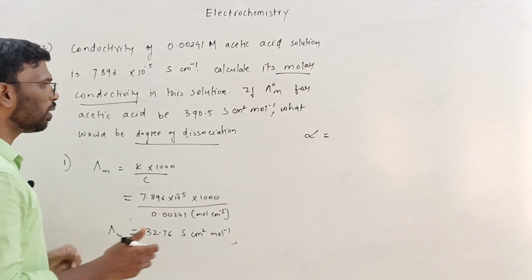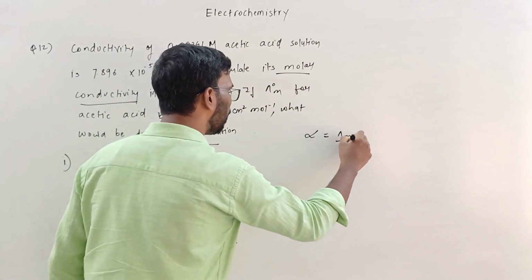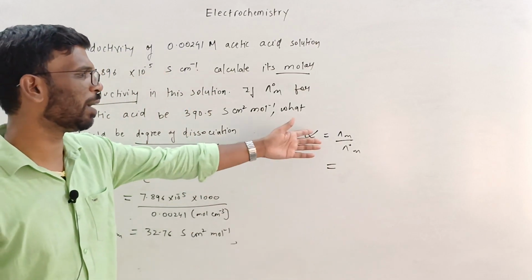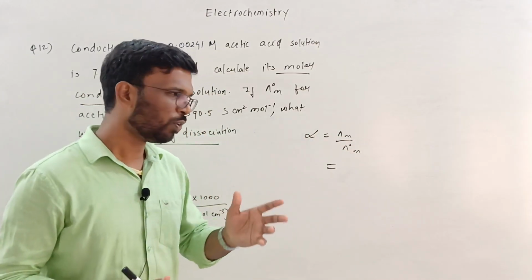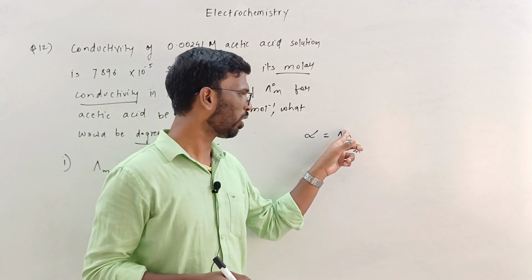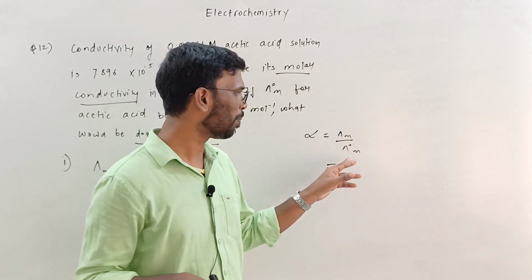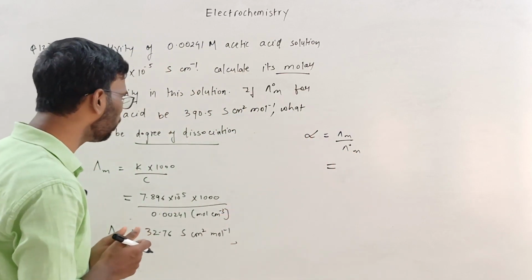So it is given by lambda m by lambda naught m. If you get confused whether it is lambda m or lambda naught m, always remember that this is a smaller value, and smaller upon bigger will be less than 1. Lambda naught m is the maximum value of the molar conductance.